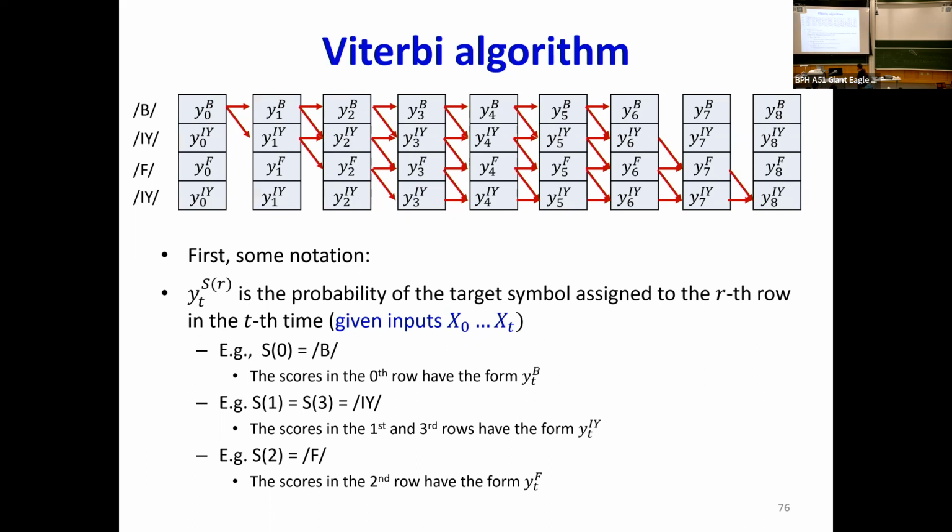And the subscript T represents time. So Y subscript T superscript SR is basically the probability assigned to the symbol in the rth row at time T by the network, just because we need to have some arithmetic over here. So in this case, S0 is B, S1 and S3 are E, and S2 is F, right?